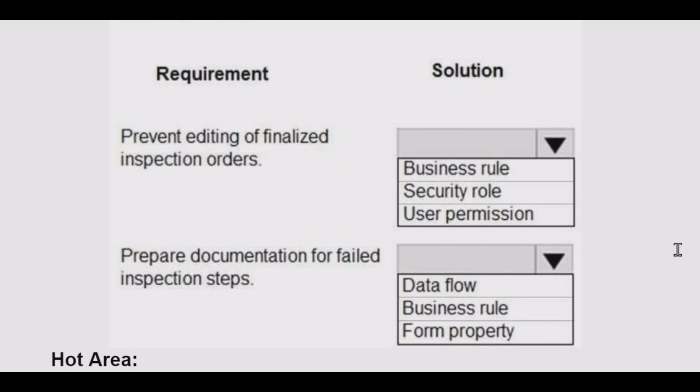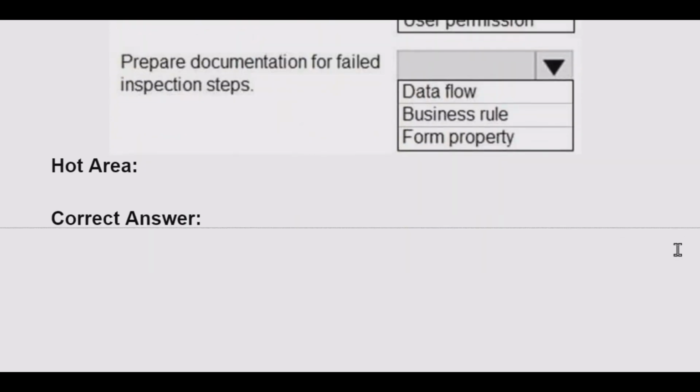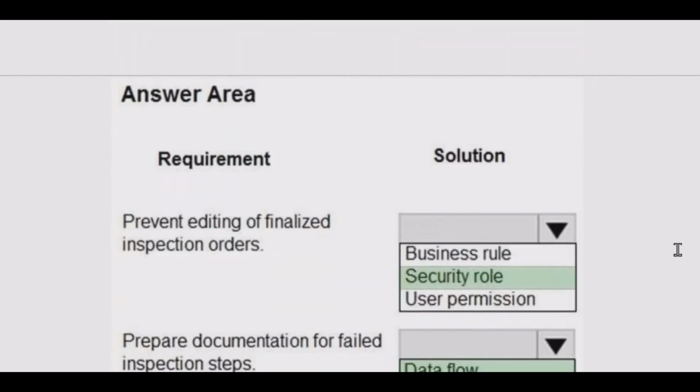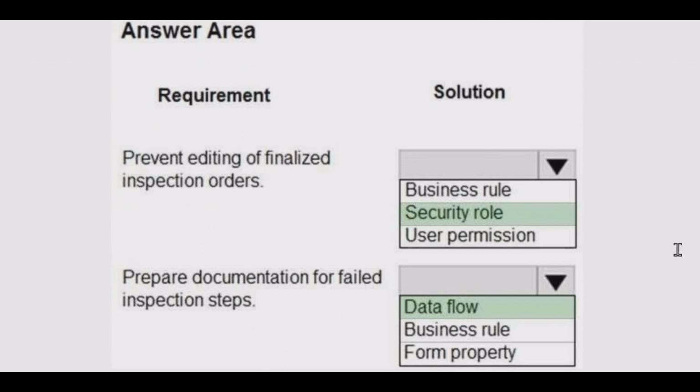The options for the solution are data flow, business rule, and form property. Now, try to answer the solution for the requirements. So, now look at the correct answer. The answer for the requirement prevent editing of finalized inspection orders is security role, and the answer for the next requirement, prepare documentation for field inspection steps, is data flow.